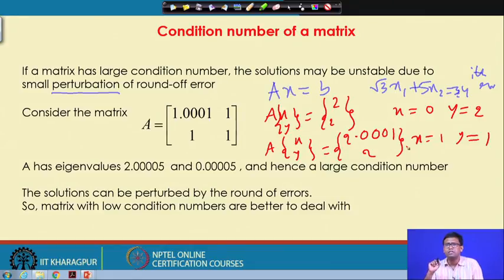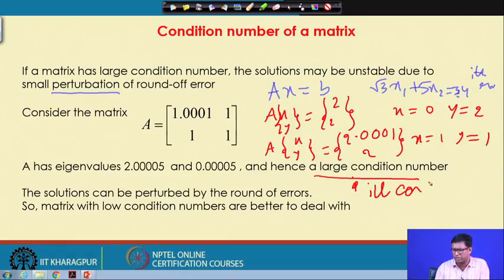So with very small changes in the matrix or in the b vector, the solution changes to a great extent, and this is called an unstable equation system, or the matrix solver operating on it will be unstable. Though the solution in pen and paper can be obtained very easily, the solutions are heavily perturbed by the round off error. This happens for matrices with large condition numbers, and we call them ill conditioned matrices. In that sense, matrices with low condition numbers are better to deal with.